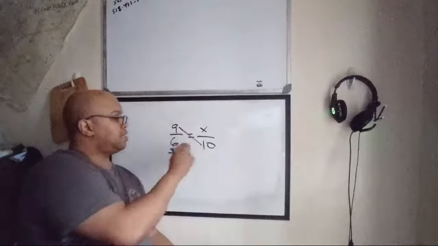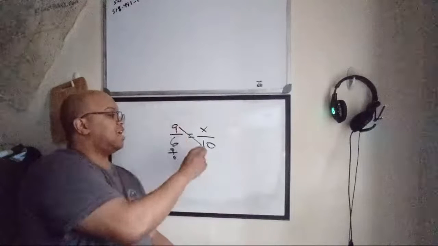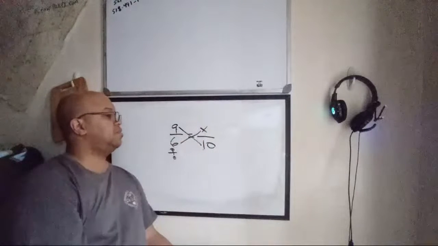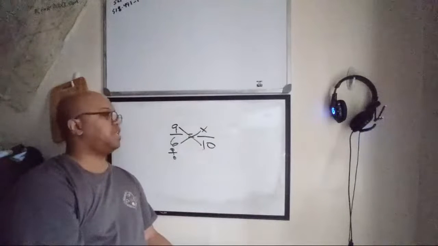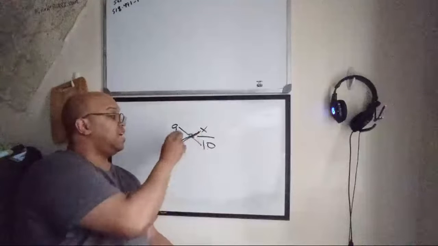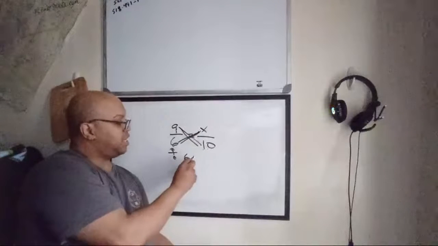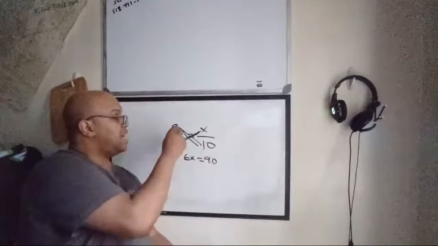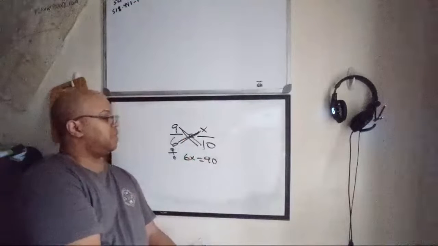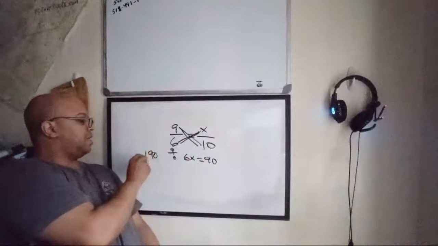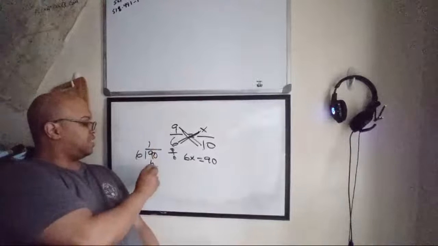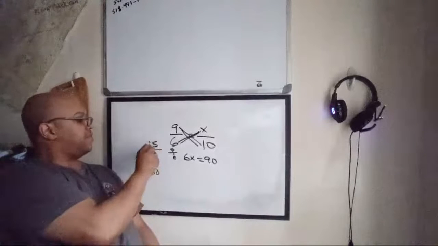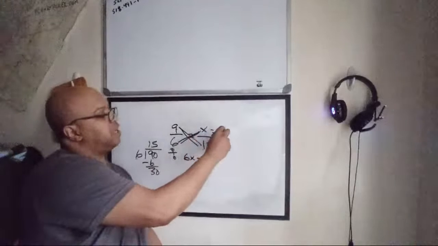This by this divided by this. Because this times this equals this times this. Hit a 1 if you understand what I just said. So 6x is equal to 9 times 10, which is 90. Okay, 90 will be divided by 6. 6 goes into 9 one time. 6 times 1 is 6. 33, 30, 15. So x is equal to 15.